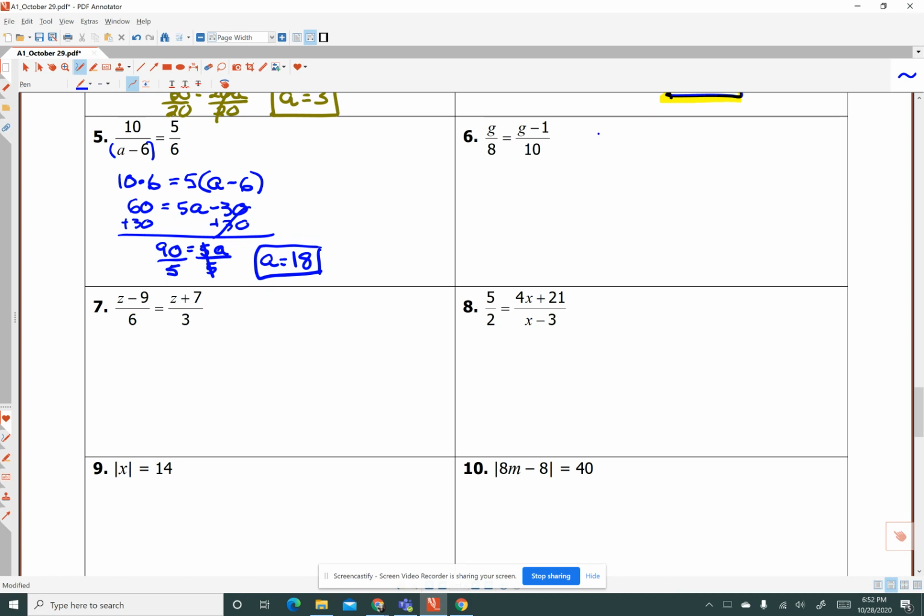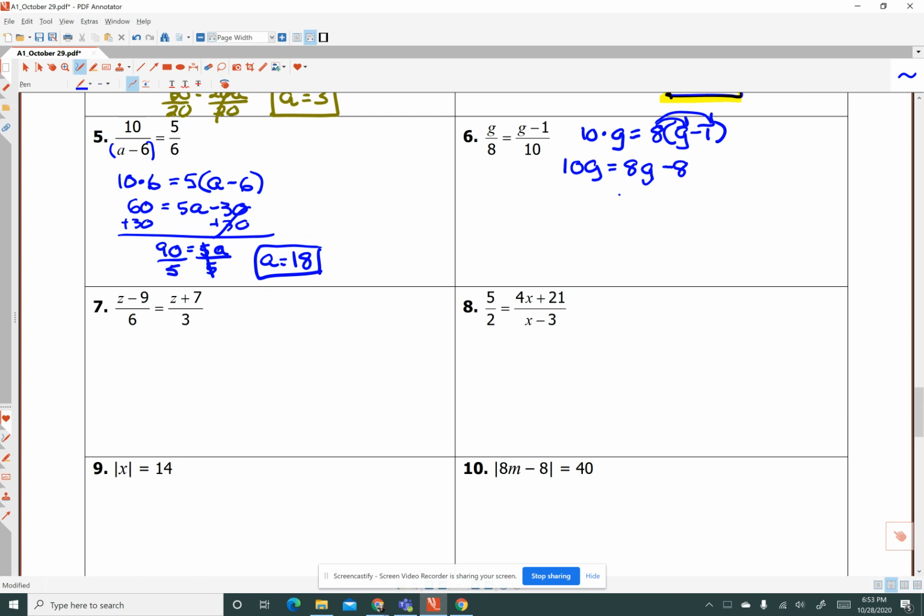So here we have 10 times G equals 8 times the quantity of G minus 1. And 10 times G is 10G. 8, we'll distribute that. 8 times G is 8G. 8 times negative 1 is negative 8.